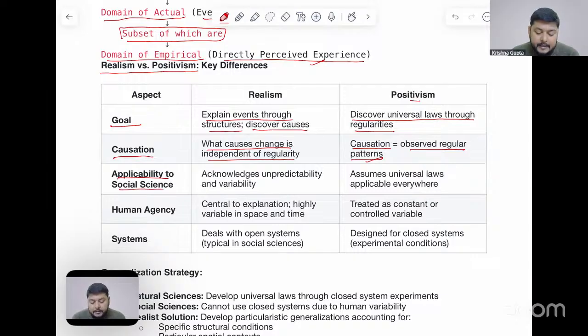Applicability to social science: realism acknowledges unpredictability and variability, while positivism assumes universal laws applicable everywhere, which is never true. Then human agency: central to the explanation and highly variable in space and time, while positivism treats it as a constant or controlled variable.